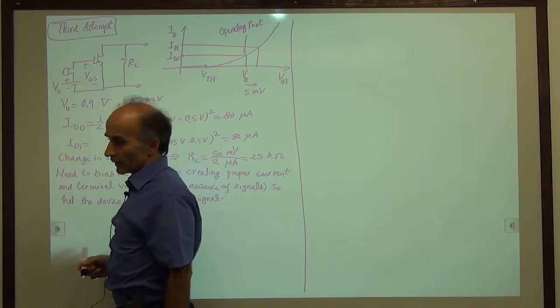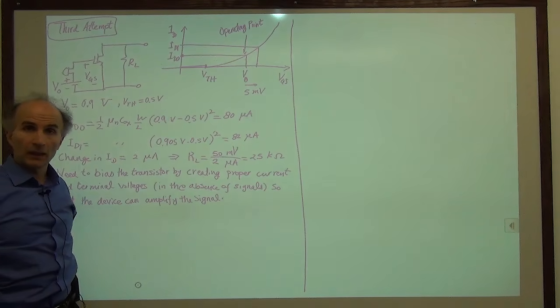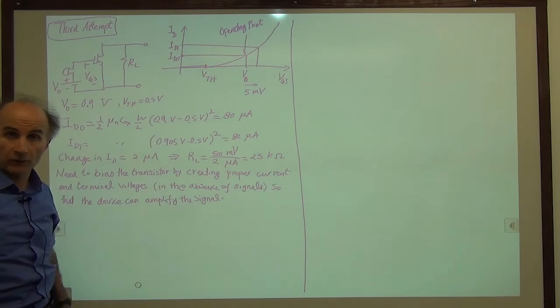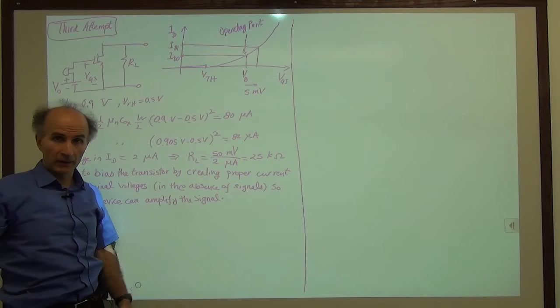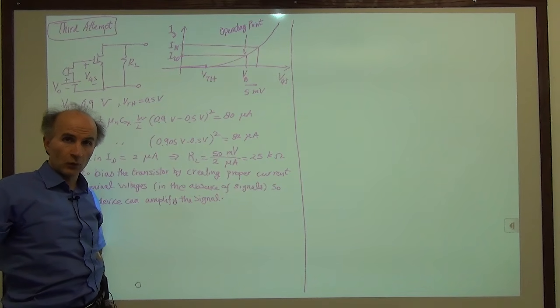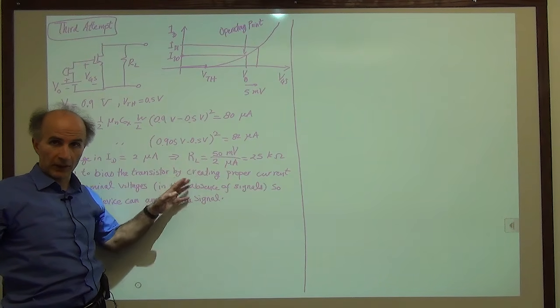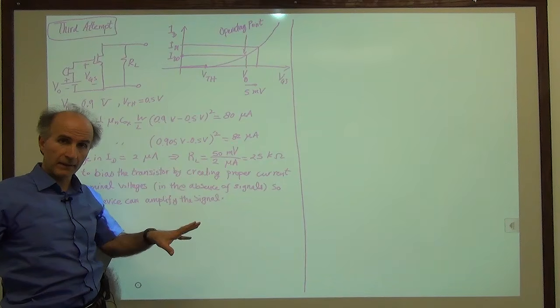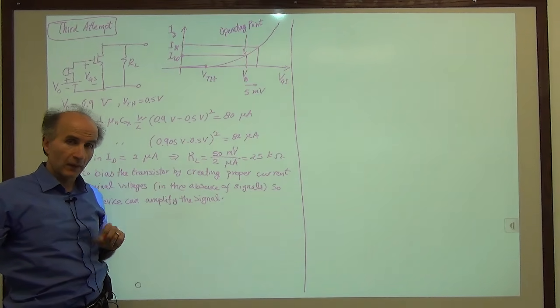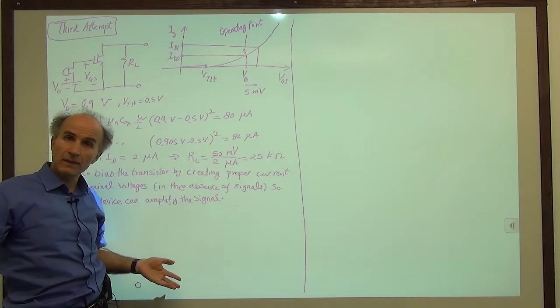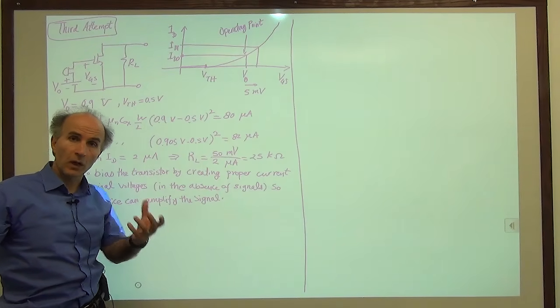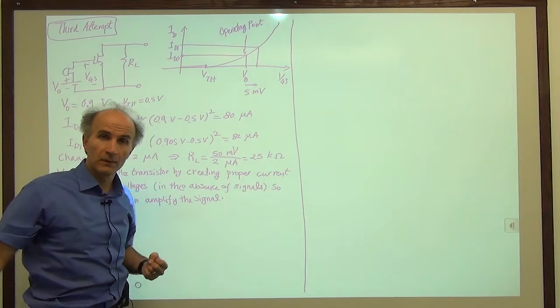Okay, so as you can see, biasing is a critical issue. Without biasing, the transistor is dead. Doesn't have any ability to do anything. So we do need to have some bias currents and voltages around the device before the signal comes in. This is a question that we always ask students in different classes. Why do we bias transistors?